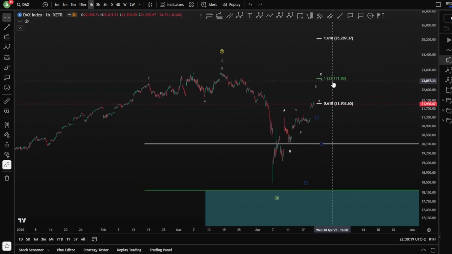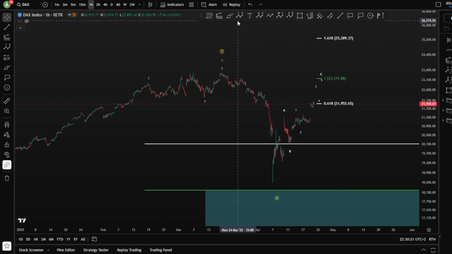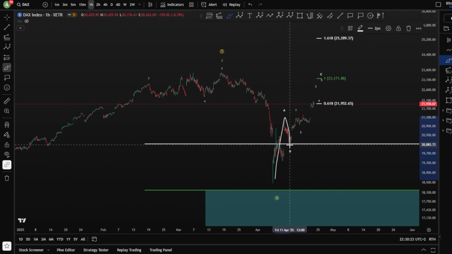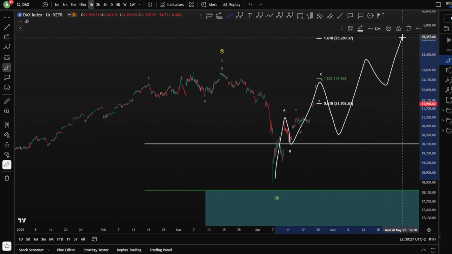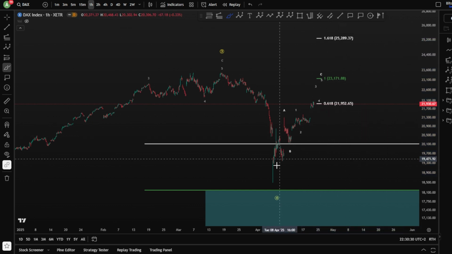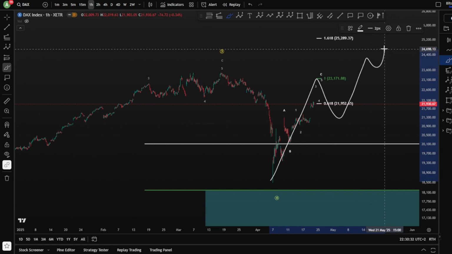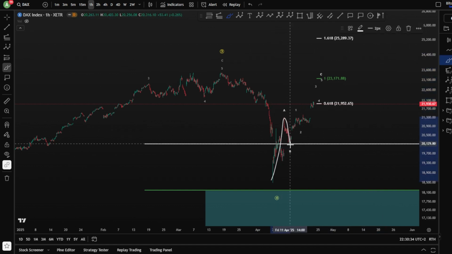which can be a bigger zigzag unfolding, or a potential leading diagonal. It can be a leading diagonal unfolding as well. And potentially, why not be in a leading diagonal just like that?